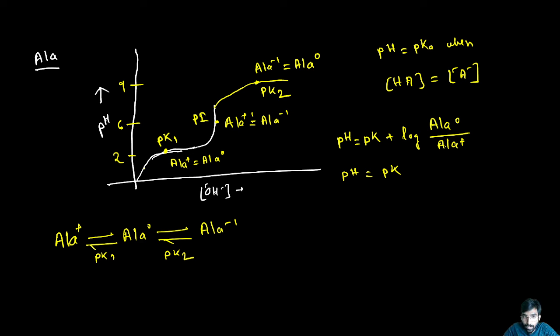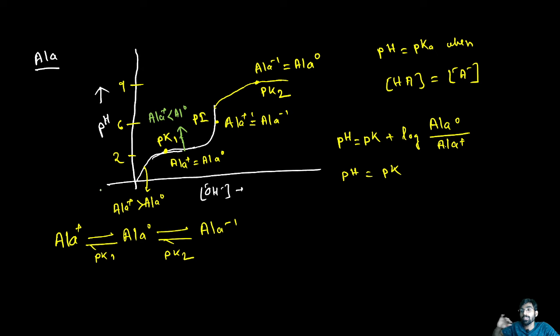In between here, alanine plus is more than alanine 0, because it's slightly just leaving the proton. I hope you guess it, right? It's slightly leaving the proton. And here, alanine plus is less than alanine 0.